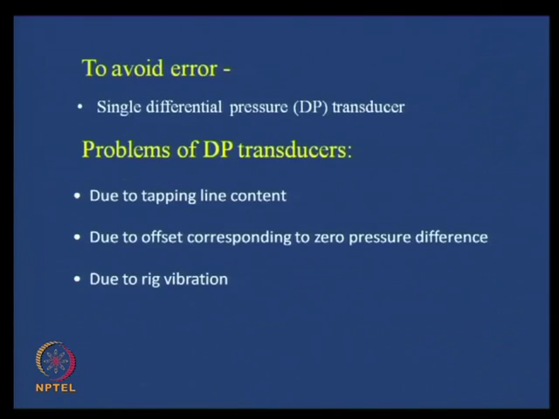just in order to minimize the pressure fluctuation part. Okay. And what are the other disadvantages of this? Number one is tapping line content. So, it has to be single phase. Number two is that this tapping line, if it is filled up with the liquid, then usually pumping action is not so very severe. But there are certain other interesting problems here.